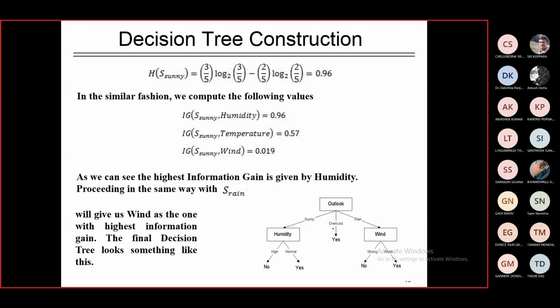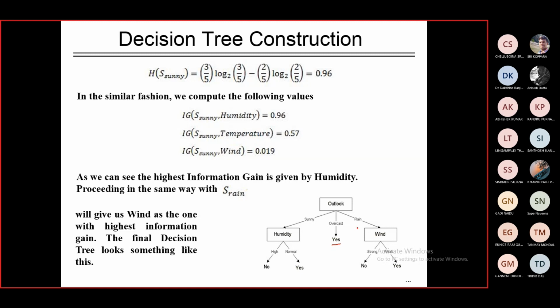Humidity has two different values, high and normal. For overcast, we already have the label yes, and for rain we get the wind attribute, because the wind attribute has the highest information gain value.